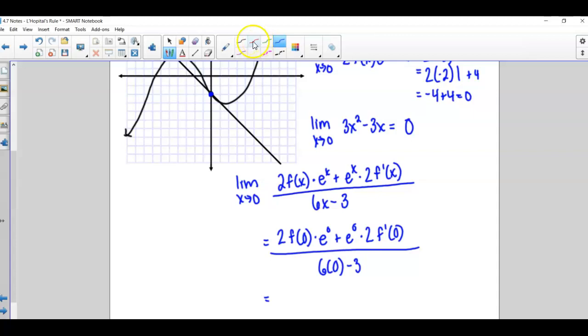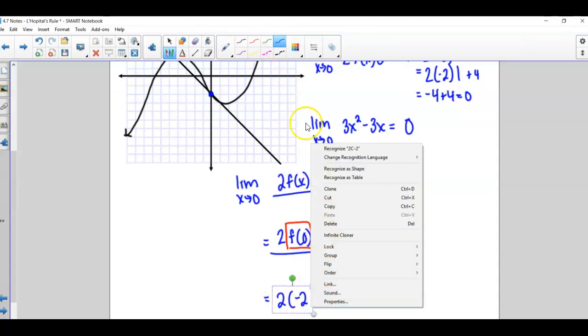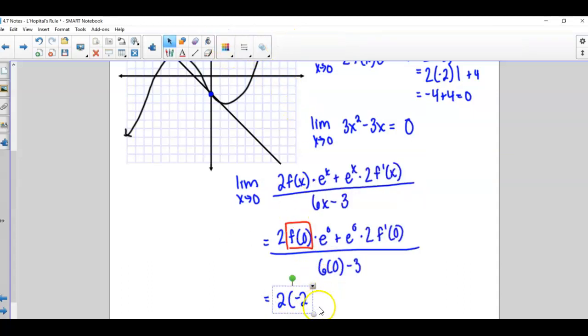And so we've got to find f of 0. What did we say f of 0 was? We've already used that once. It is negative 2. So we've got 2 times negative 2. E to the 0, what is that? It is 1. So we'll have another 1 right here.